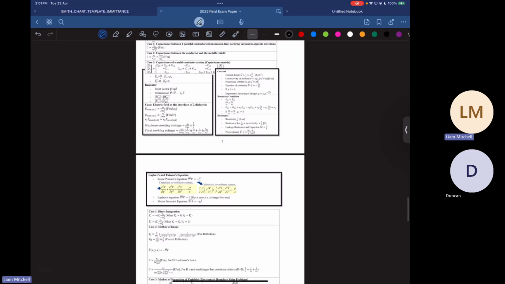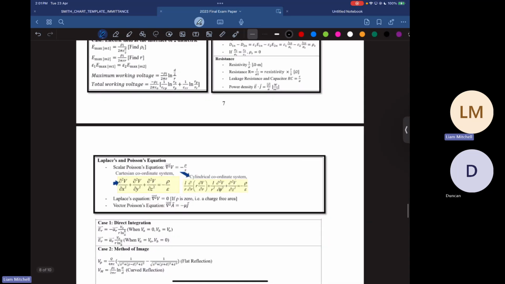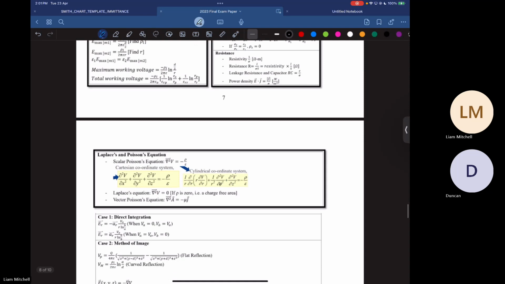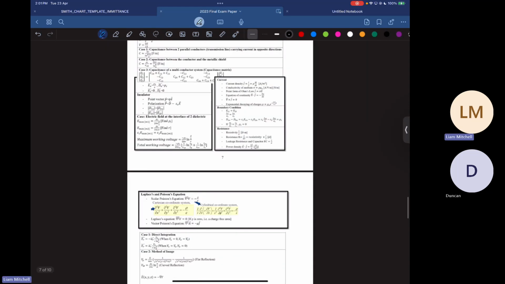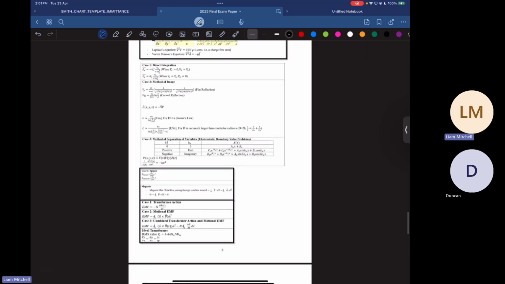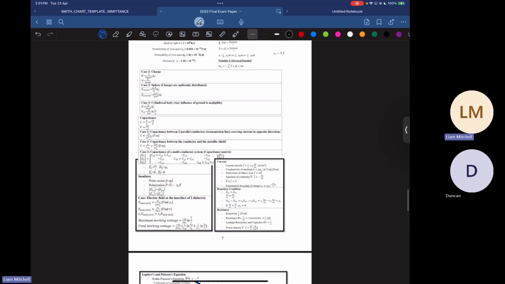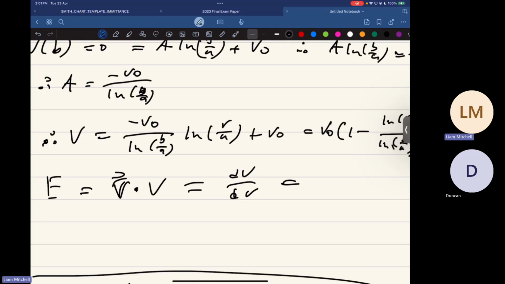We're not given the gradient formula, but from memory, it's just dV/dr.